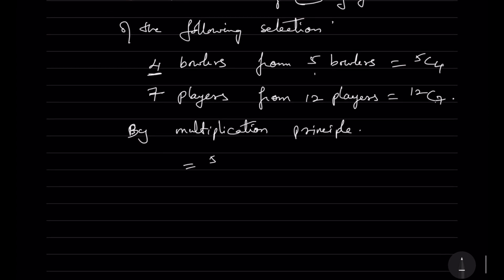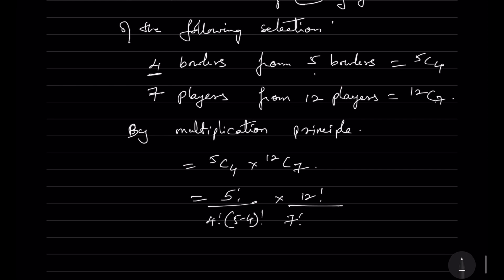By the multiplication principle, we can write this as 5C4 into 12C7, which is equal to 5 factorial by 4 factorial into (5 minus 4) factorial, into 12 factorial by 7 factorial into (12 minus 7) factorial, using the formula nCr equals n factorial by r factorial into (n minus r) factorial.